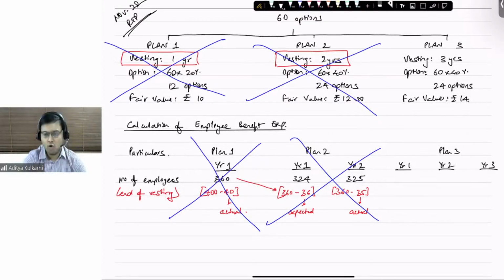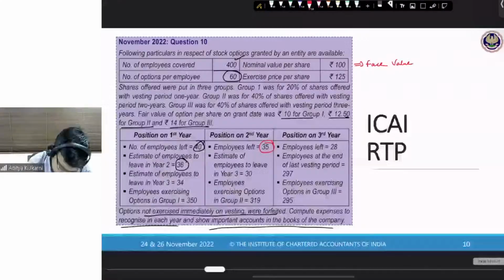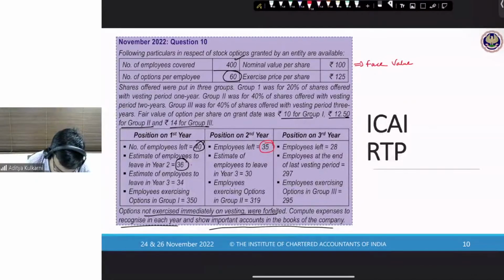Okay. So year 1, I start with 400 employees. Come on, tell me now. What am I going to take? Well, year 1 के end में 40 actually left. Yes, sir. And how many are expected to leave in year 2?